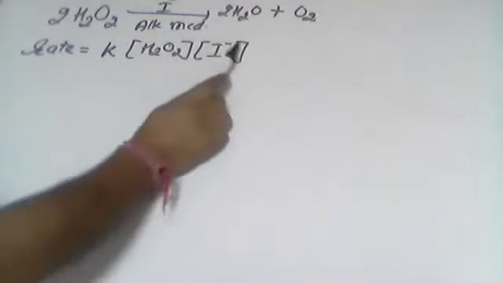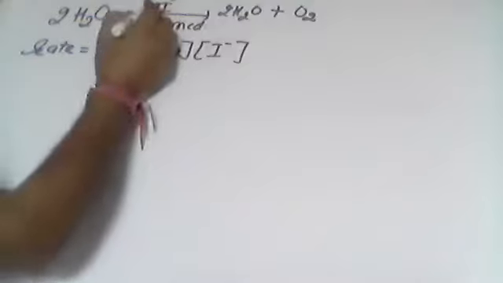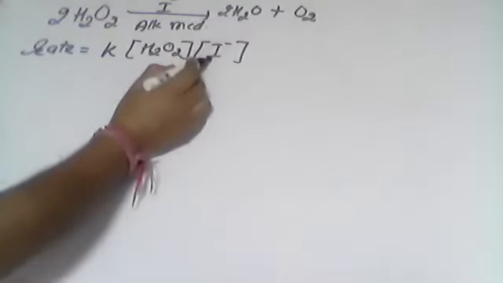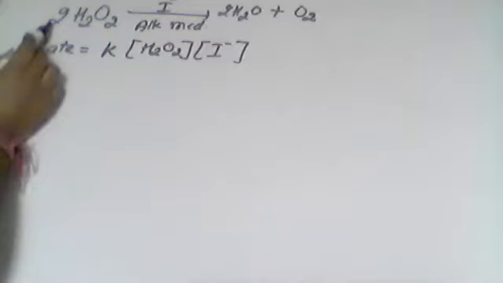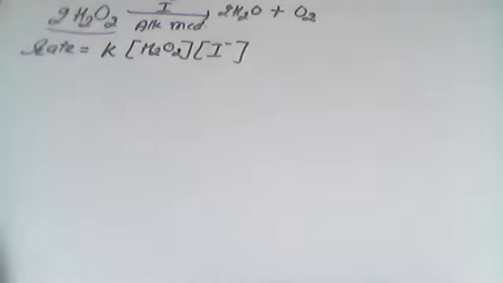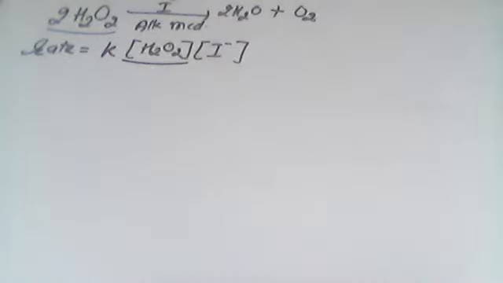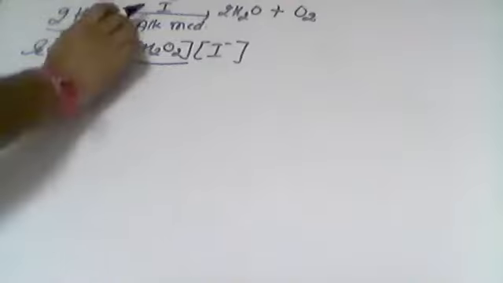If I say molecularity is 2 and order is 2, it must be a simple reaction. What's the problem? This I negative is a catalyst. Here we have 2 molecules of H2O2, and in the rate equation we have only 1 molecule of H2O2. One molecule of H2O2 is missing. Then why are we getting the same order and molecularity?